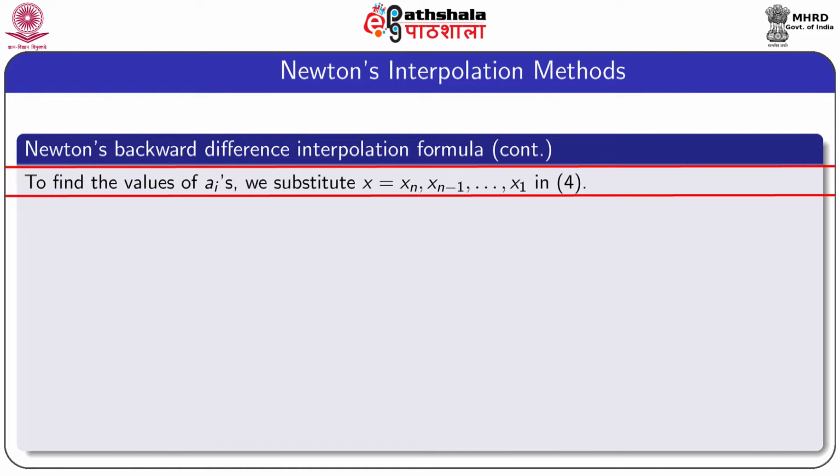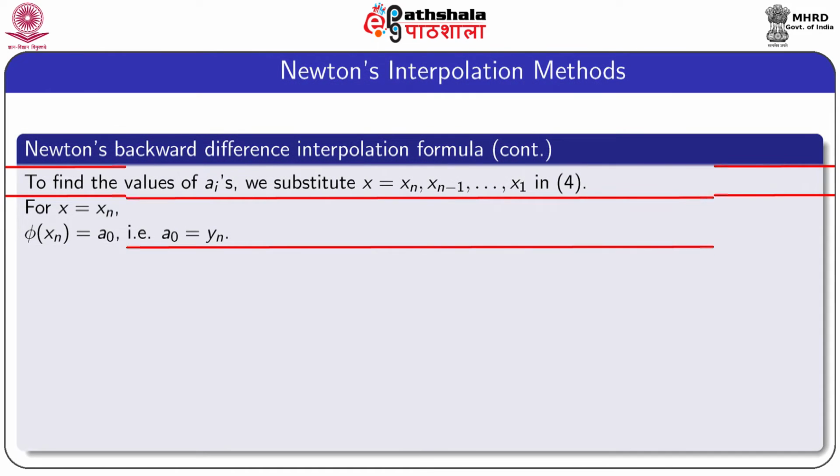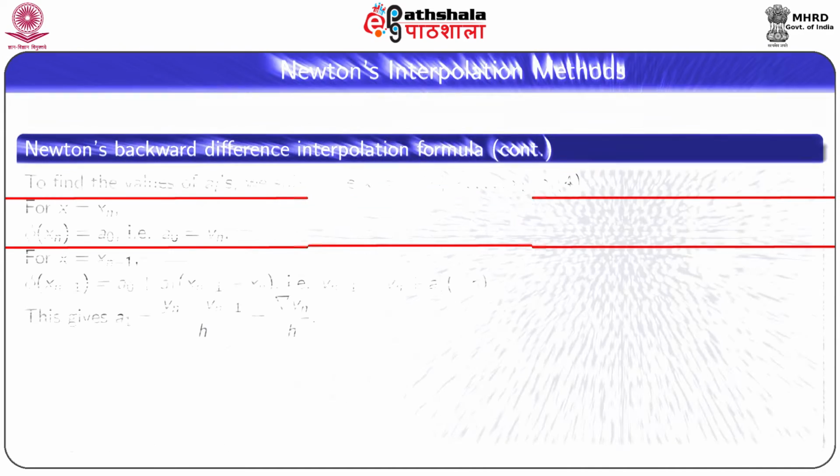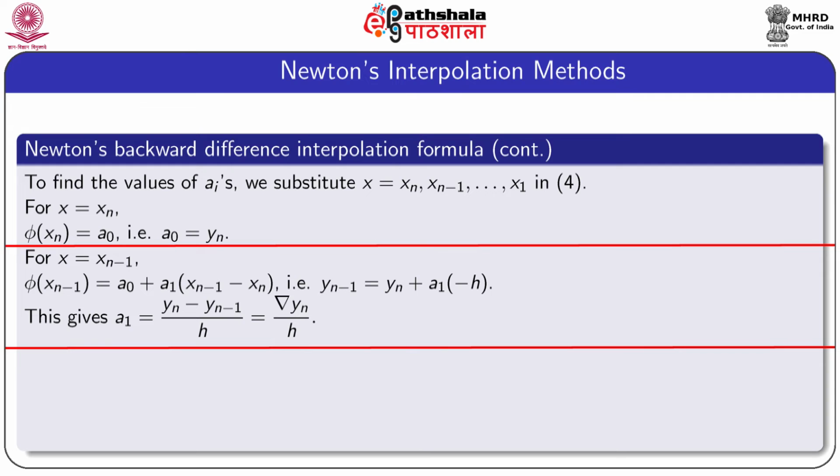To find the values of ai, we substitute x equal to xn, then we substitute x equal to xn minus 1, and lastly we substitute x equal to x1. For x equal to xn, we have phi xn equal to a0, that is a0 equals yn. Now, when x equals xn minus 1, then phi xn minus 1 equals a0 plus a1 into xn minus 1 minus xn.